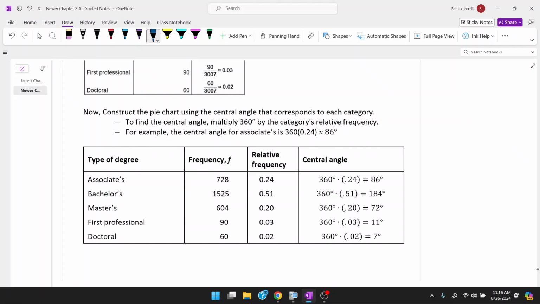So here's the thing, this example is not the best because these are rounded. In the example we do, the relative frequencies are all going to round to 4 decimal places, or 10,000s really. But yeah, this is a more basic example, so to speak.